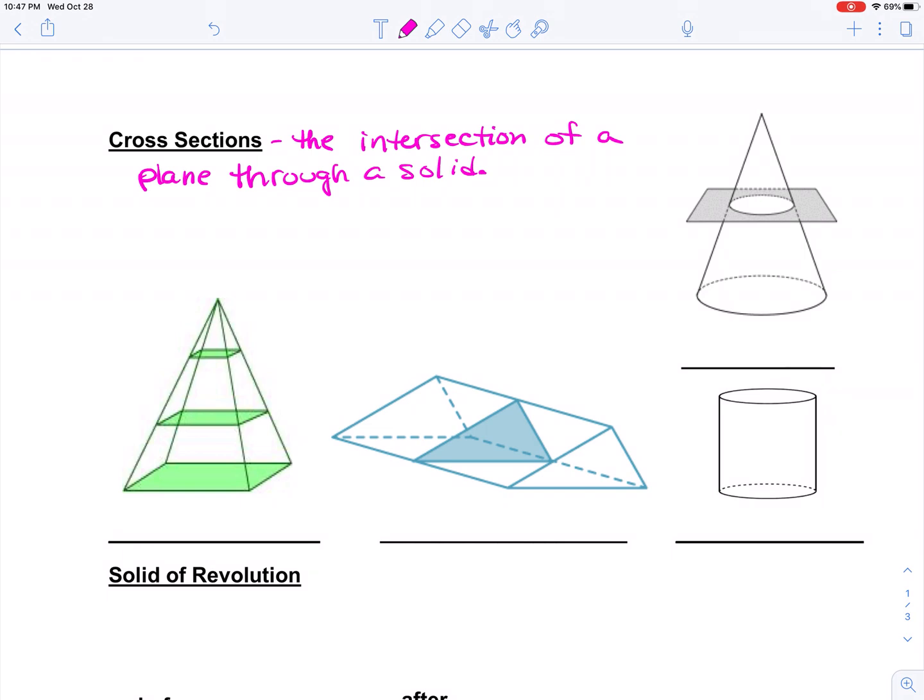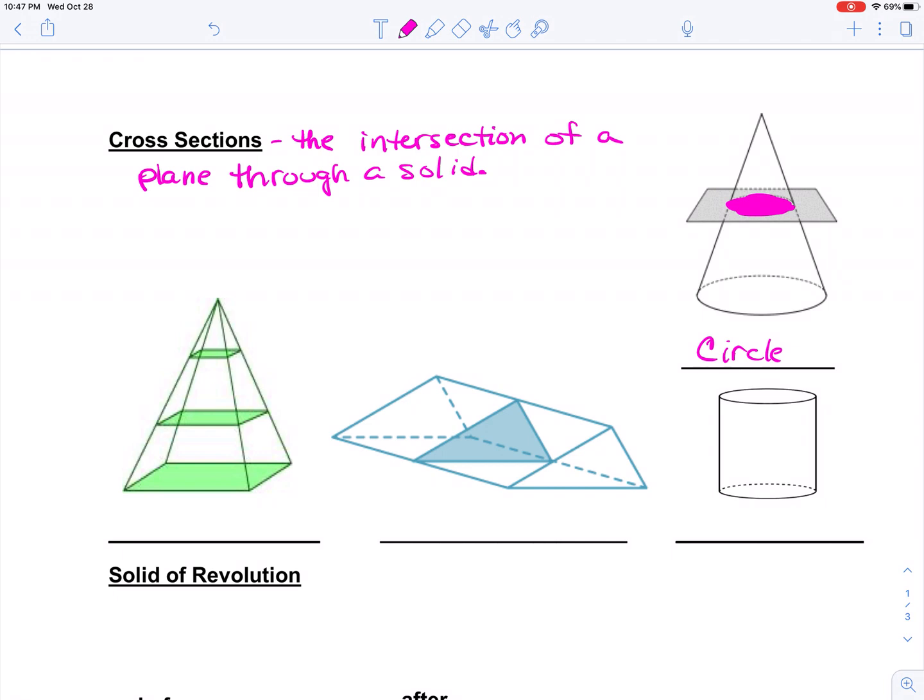So here's my paper I slice through, and inside is the figure. So what is that figure? That figure is a circle. Most of the time the shape will be similar or congruent to the base. This one would be similar to the base.